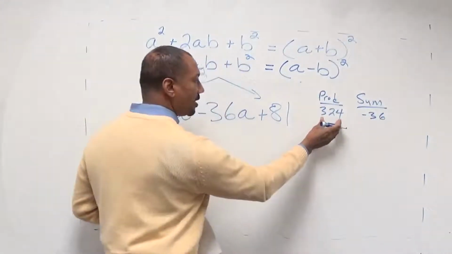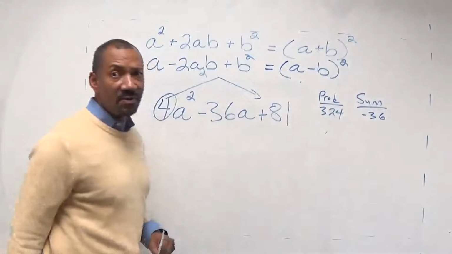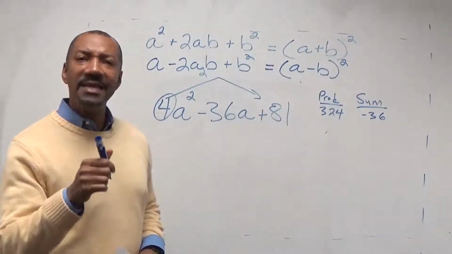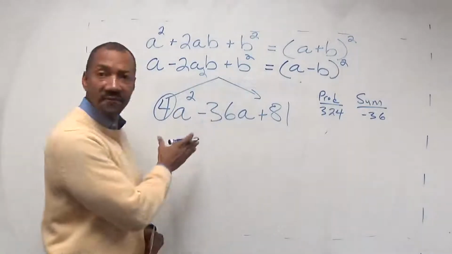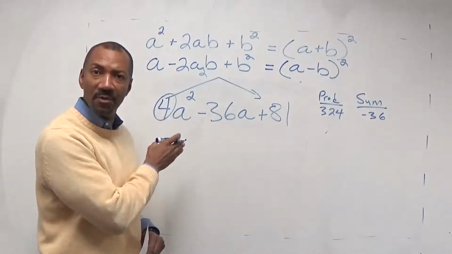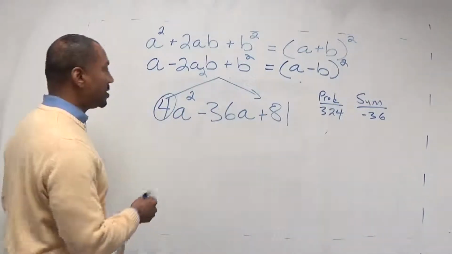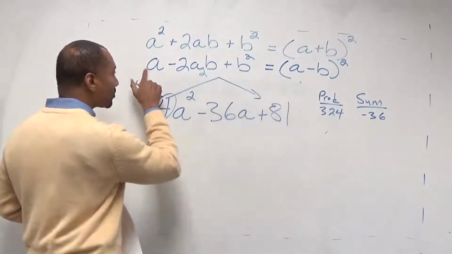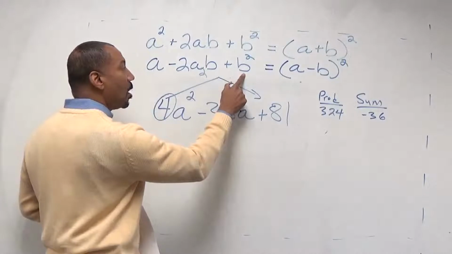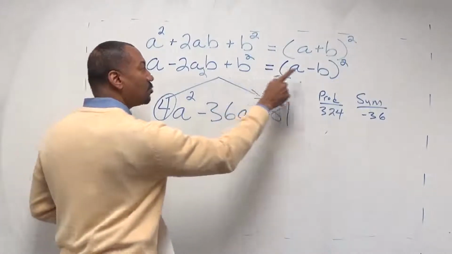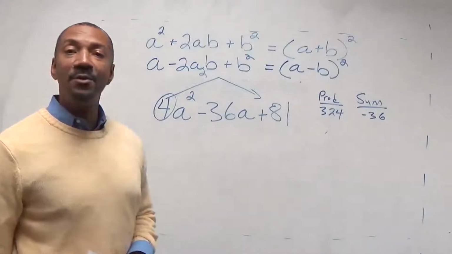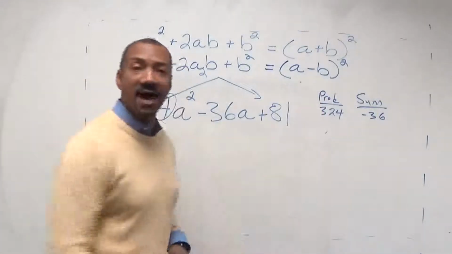Now, before you start listing all those factors of 324, first, let's see if this is a perfect square trinomial, which means we're going to see if this problem can fit into this formula, which will allow us to go straight to that final answer without doing all that stuff.